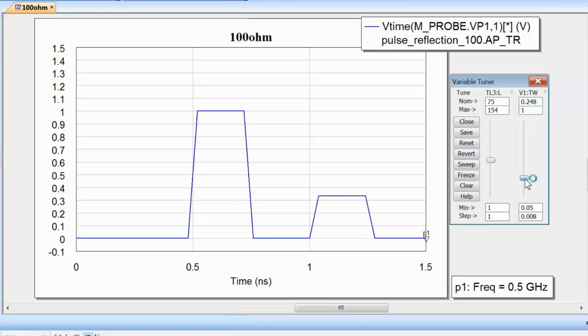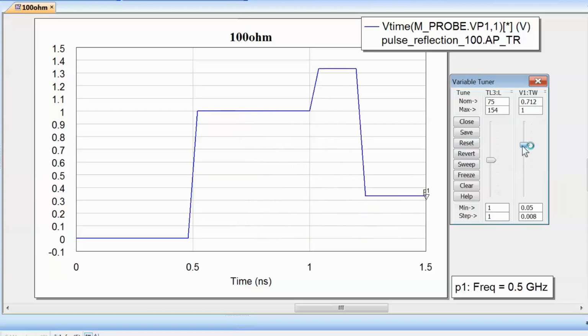Now, if we increase the pulse width, we will get to a point where, as before, we're effectively getting the voltage step effect. And you can see that after the voltage pulse has reached the end of the line and has been reflected, we're not getting a doubling in voltage as in the case of the open circuit, but we're getting an increase in voltage which is proportional to the mismatch between the characteristic impedance of the line and the terminating impedance that we put in there.